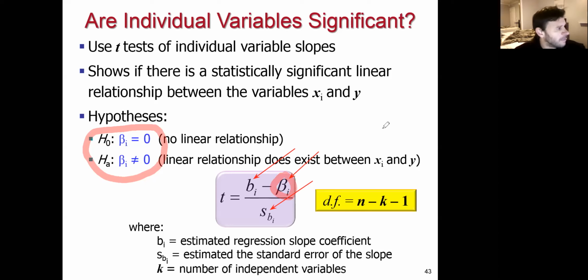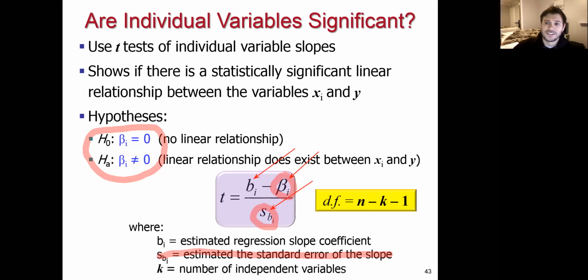We're going to take the B value that we estimate and divide it by the denominator here, which is the standard error of the slope estimate. It's the standard deviation of the slope estimate itself. And remember, the slope estimate is a particular parameter estimator, and we know there is sampling noise there. If we sampled a different set of observations, those slopes would change a little bit. And that is what SB is measuring down here. And again, we'll talk about how to calculate that in a later segment.